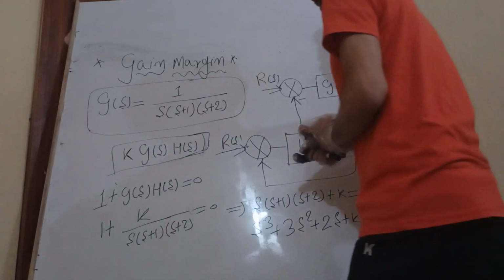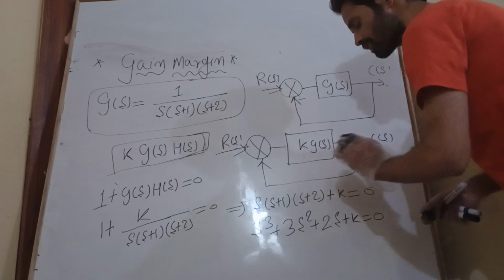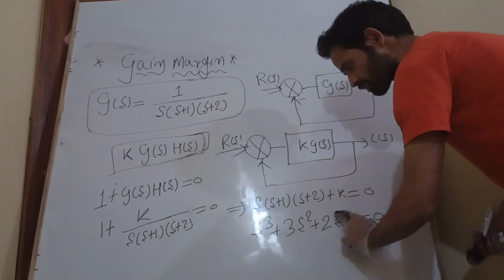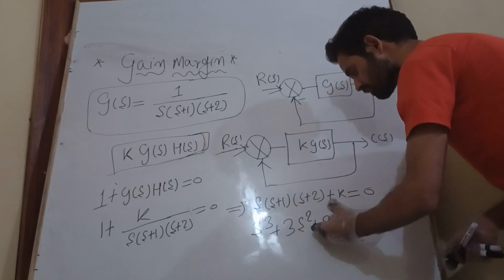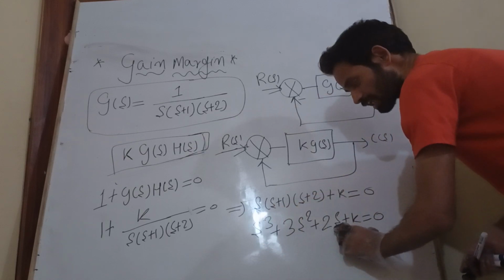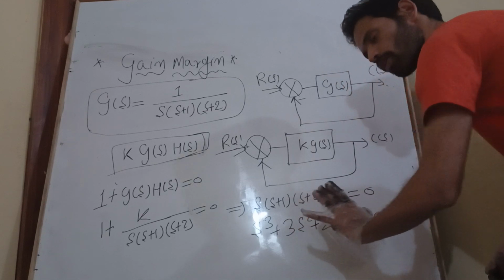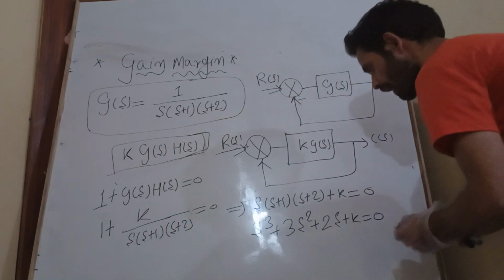Now by the Routh-Hurwitz criteria, you can find the marginal stability of the system, the gain margin, by using the RH criteria.